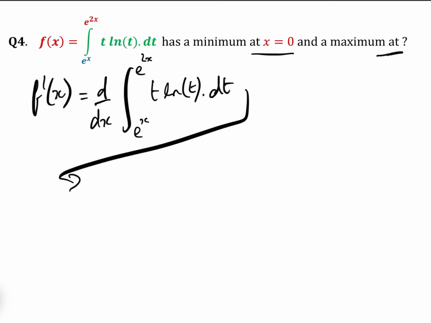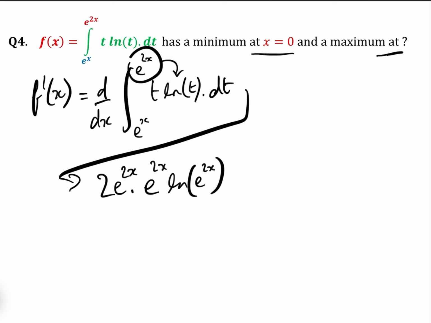So basically, first of all, let's differentiate that, which is 2e to the 2x, and then we replace the t by e to the 2x, which is times e to the 2x log e to the 2x, okay, and then take away, let's look at the bottom one, the differential of e to the x is e to the x, and then replace t log t with e to the x, which gives us e to the x times log of e to the x.